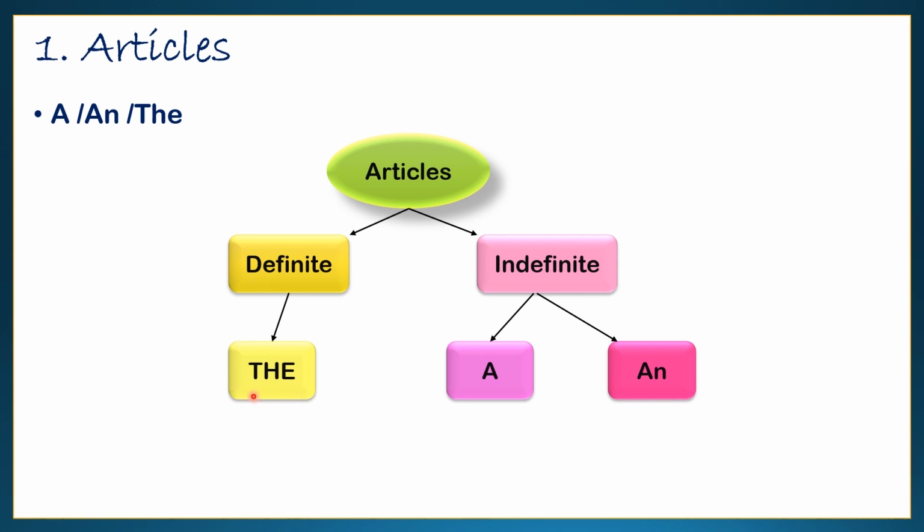We use the only with a specific noun to refer to a particular thing or an object, whereas indefinite articles are used to refer to an unspecific noun. A and an, they both are called indefinite articles. How to use articles we have already seen in our previous video. I'll give you the link for you to go through in detail.